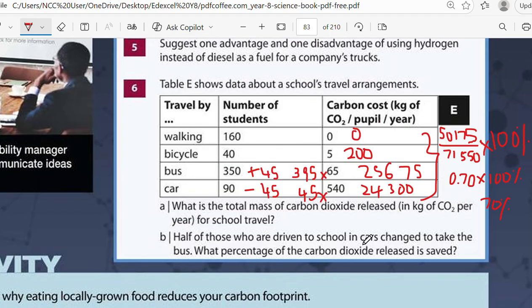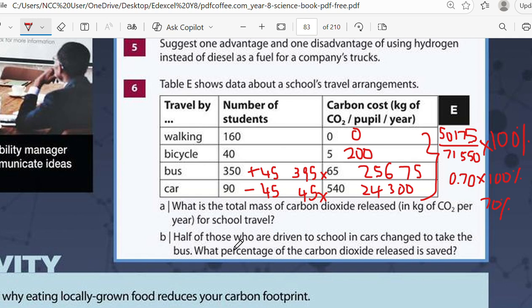Now, if half of the children who travel by car is now gone to travel in the bus. So for this number of students here, we are adding 45 and we are subtracting 45 from here. So here altogether 395 children are using. So we have to calculate the carbon cost now for 395 students, which is this amount, 25,675. Then for car, it's going to be 45 multiplied by 540. So here's the answer. Now when you add all them together, you get this 50,175, right?